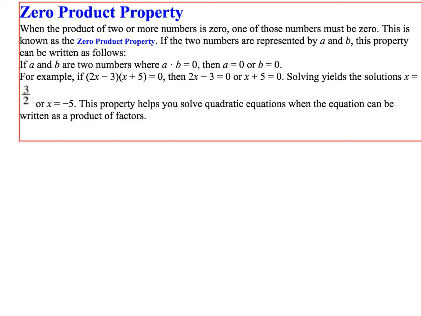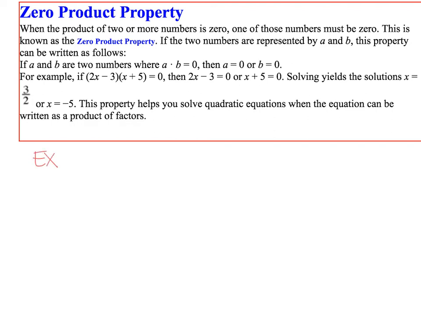For example, if (2x - 3)(x + 5) = 0, then 2x - 3 = 0 or x + 5 = 0. When we solve, we would get x equals 3 halves when we add the 3 and divide by 2, or x equals negative 5. This property helps you to solve quadratic equations when the equation can be written as a product of factors.